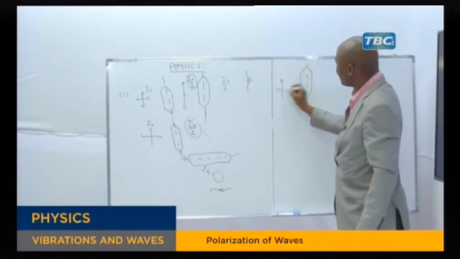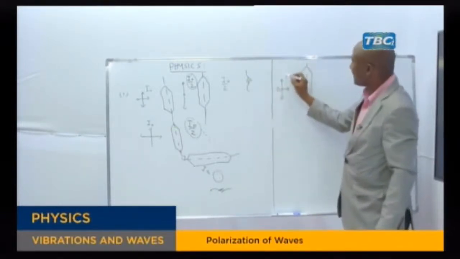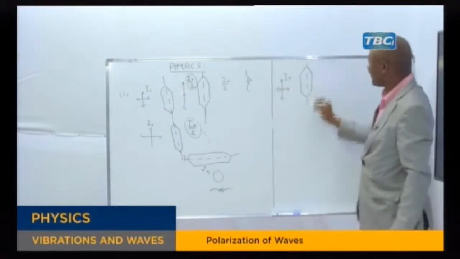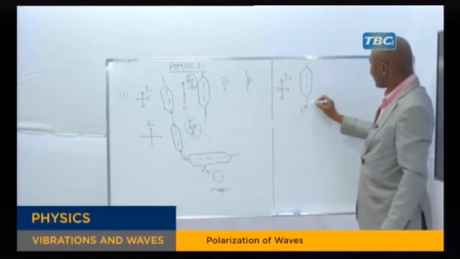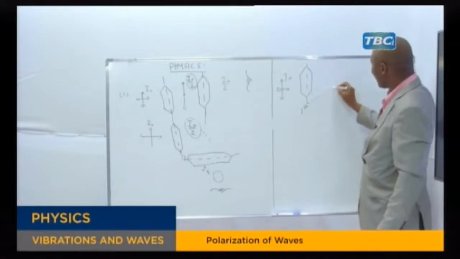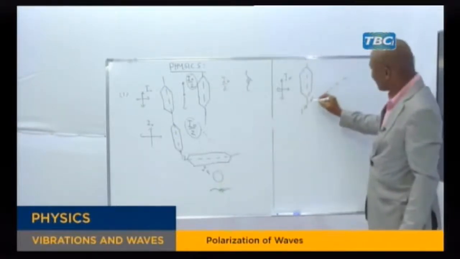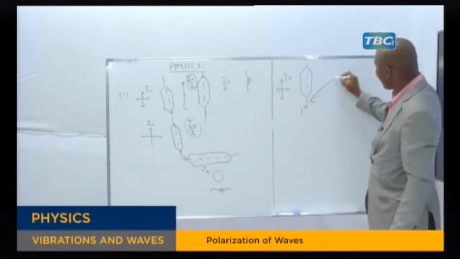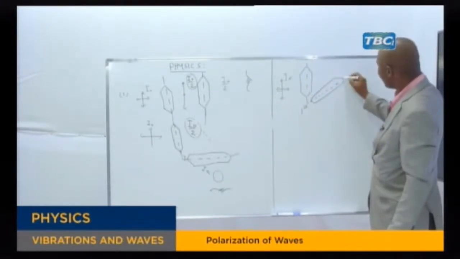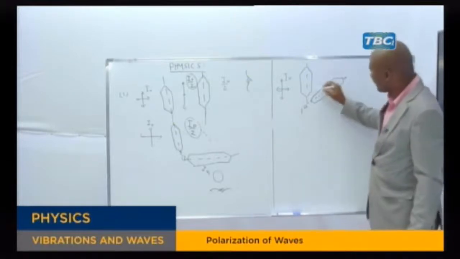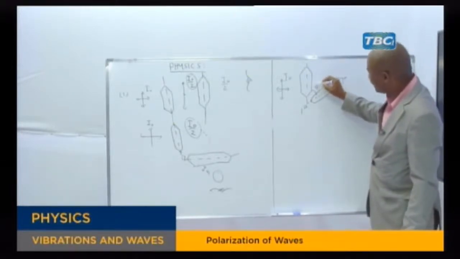We have two components, and this is passing through the first one. But the second polarizer makes an angle here. That angle is not 0, it's not 90. It's an acute angle here, maybe 30, 20. That angle is given as theta.